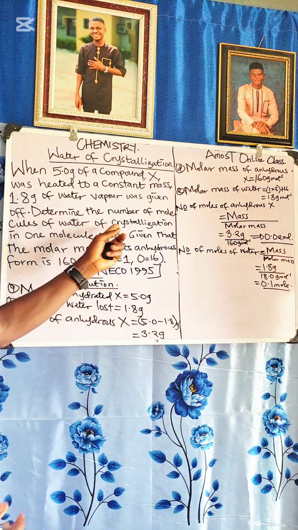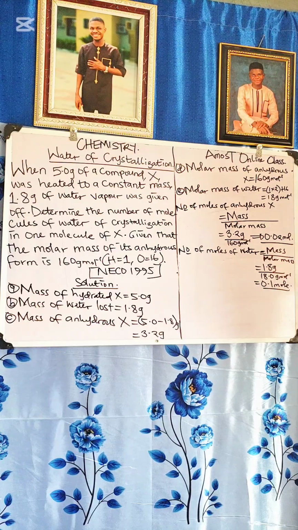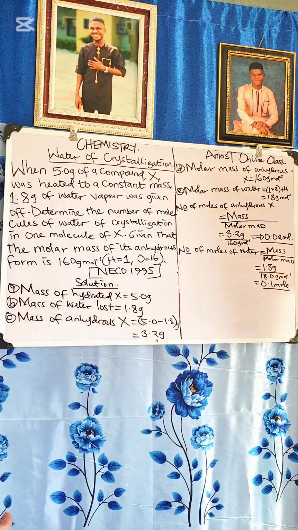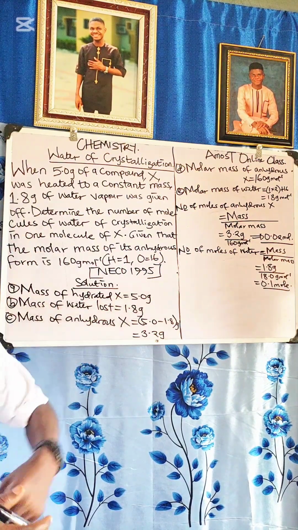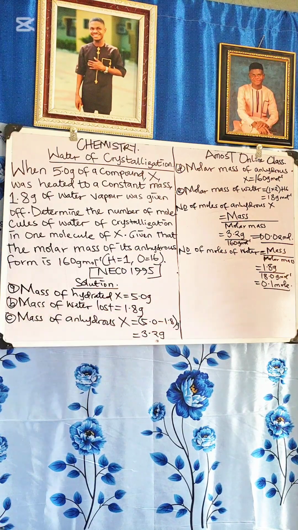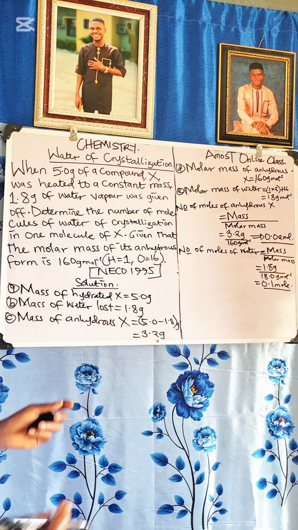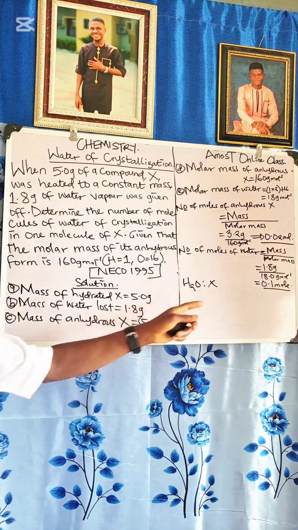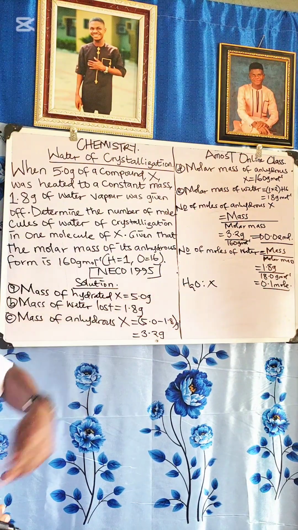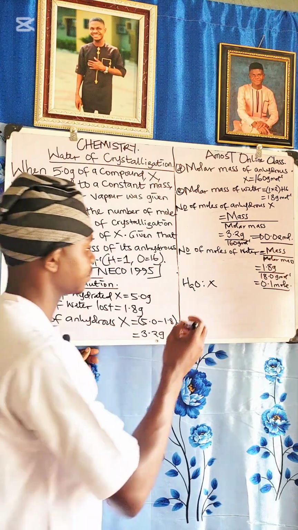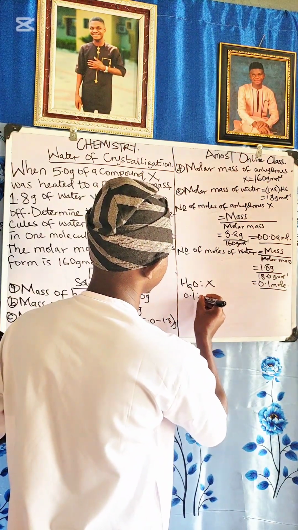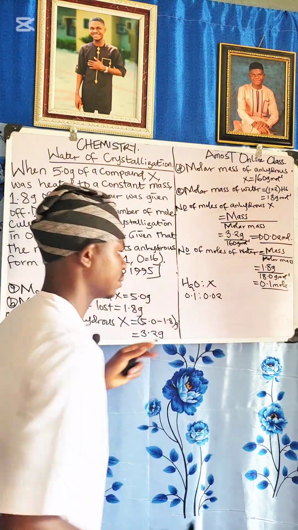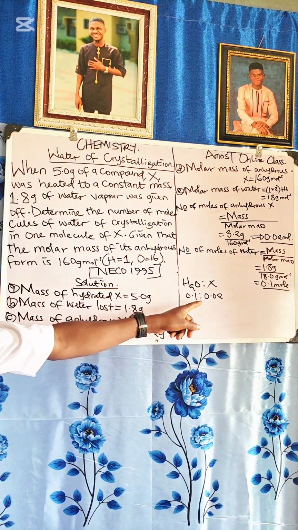Now the question says we should determine the number of molecules of water of crystallization in 1 molecule of X. So from this solving, we can see that 0.1 mole is the number of moles of water, and 0.02 moles is that of X. By comparing the ratio of water to X, we're going to have 0.1 to 0.02.